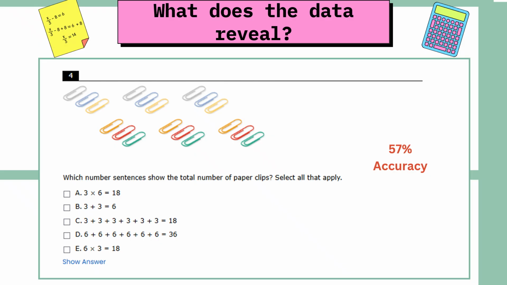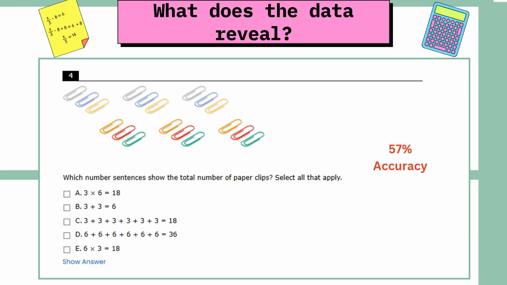So it wasn't just a single select question, it was a multi-select question. And when talking with teachers and looking at the answers that students chose, what we saw was that students chose one answer, and it was generally one of the right answers. However, they didn't choose all that apply, so the whole question was marked incorrect.